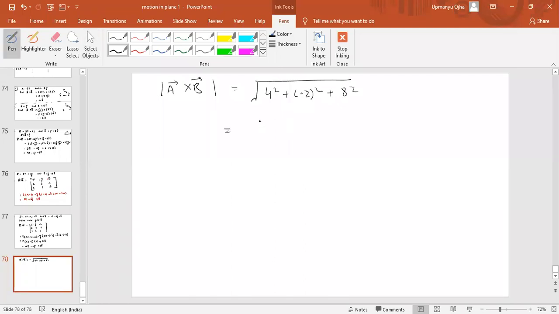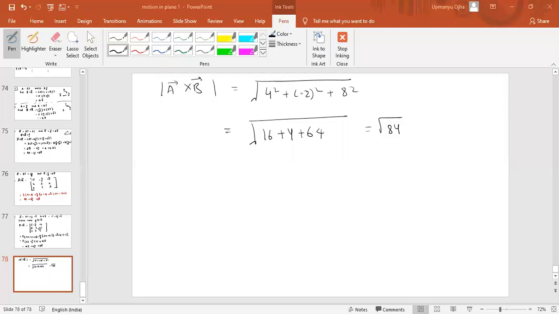So this would be how much? 16 plus 4 plus 64. So that will come as square root of 84. So the modulus of A cross B is square root of 84. Very good. That is the mod of A cross B.